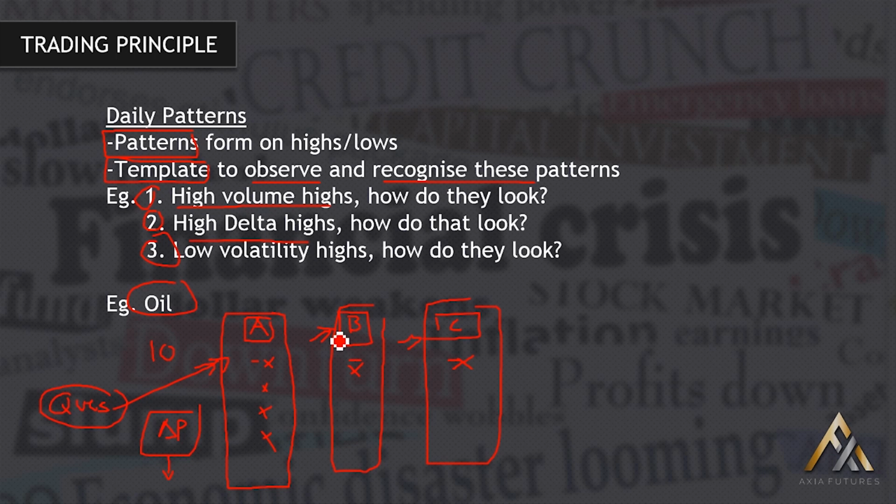It's those similarities that we ultimately want to develop, because if we can find, for example, that every time there's a high volume high, the price change is relatively unchanged. In other words, we have a spike up, the volume picks up aggressively, but the price comes all the way back down and we manage to close unchanged. If we start to find that that is a common characteristic, we can then begin to develop certain strategies based on highs and lows made on high volume.